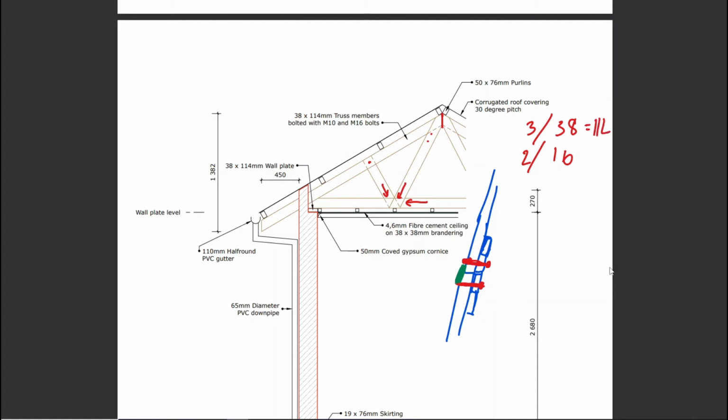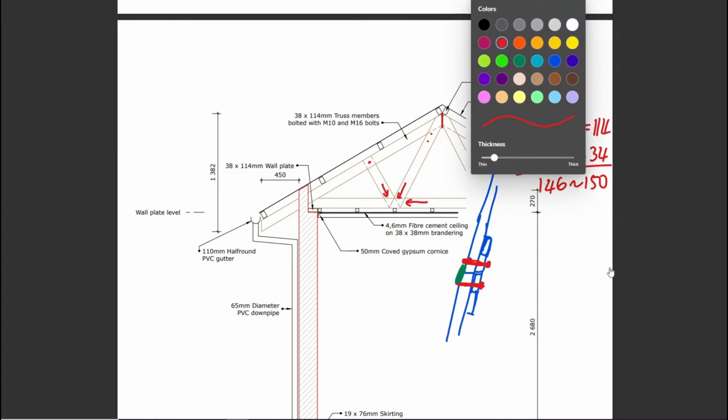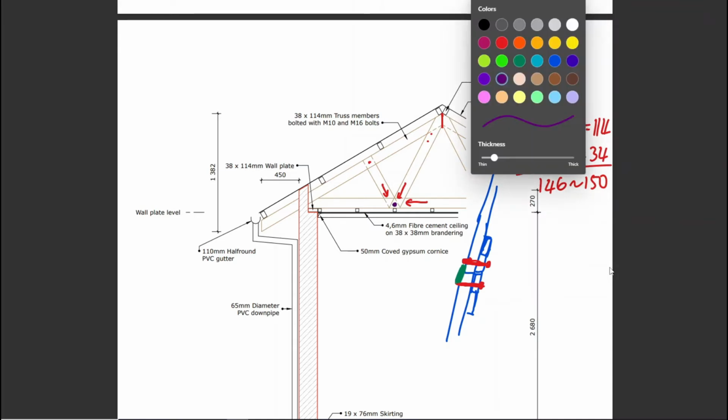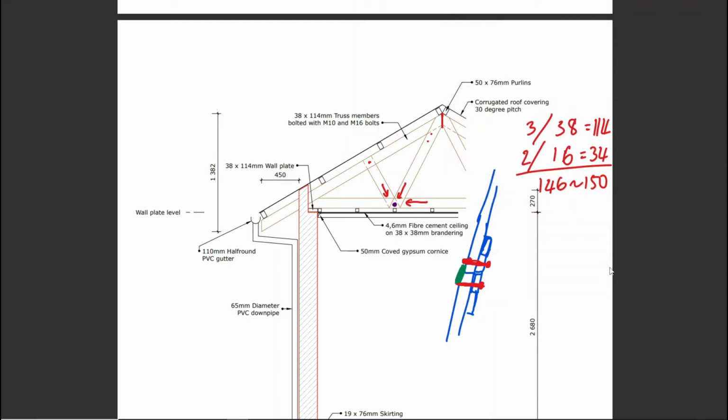This was 114, and this was 32. So what you get is 146. You round up to 150. So over here is a 150 mil bolt, guaranteed, because all 3 pieces go through that point. And that is about it for this scenario.